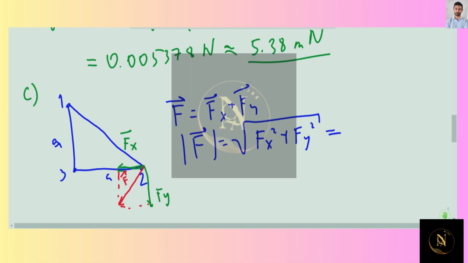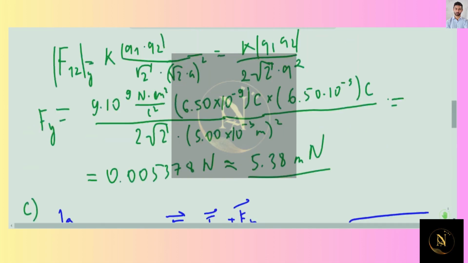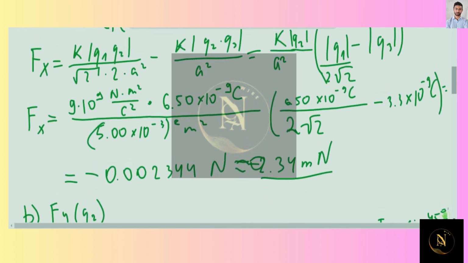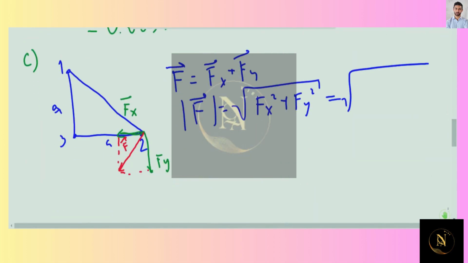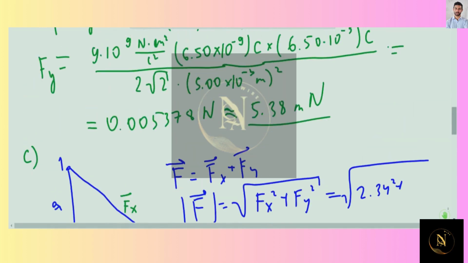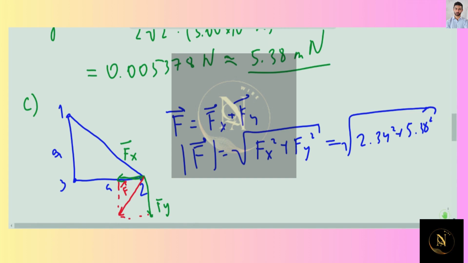So let's calculate it. It equals the square root of 2.34 squared plus 5.38 squared millinewtons, which equals 5.87 millinewtons.